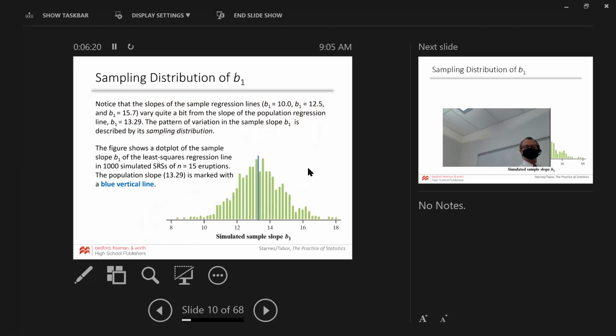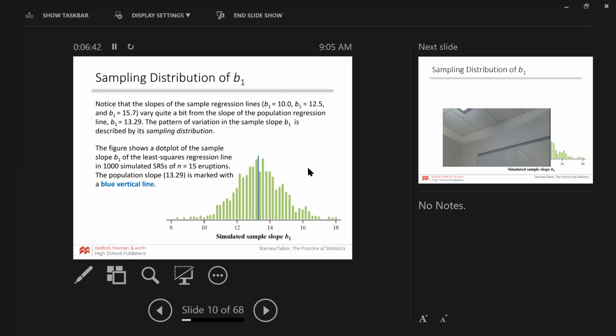So now they use simulation. And all of these are taking a random sample of 15 eruptions, ready? And they got 1,000 data points there, 1,000 dots, and that's what this looks like.